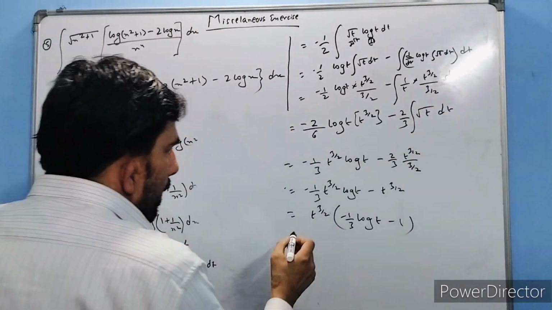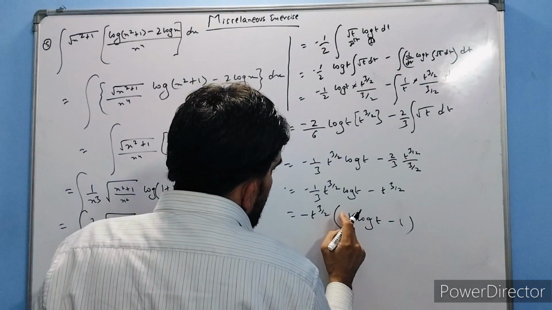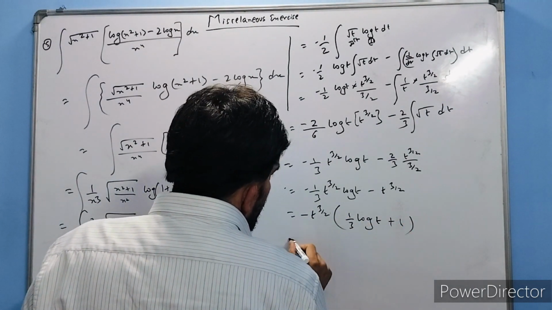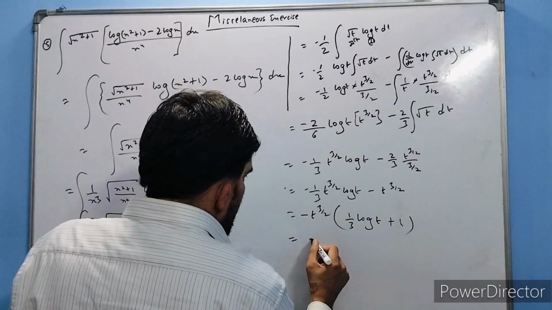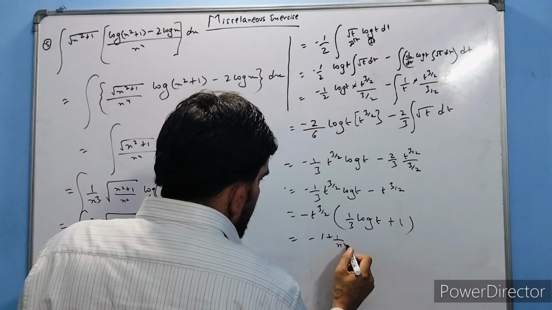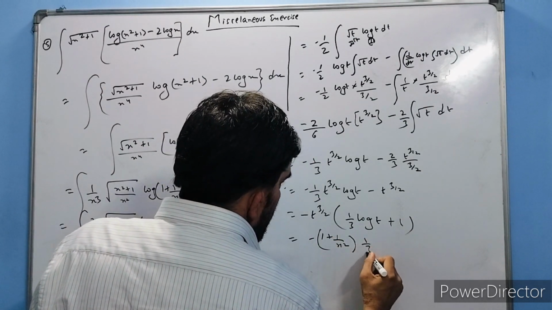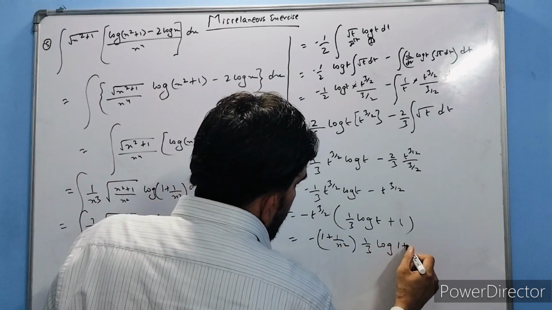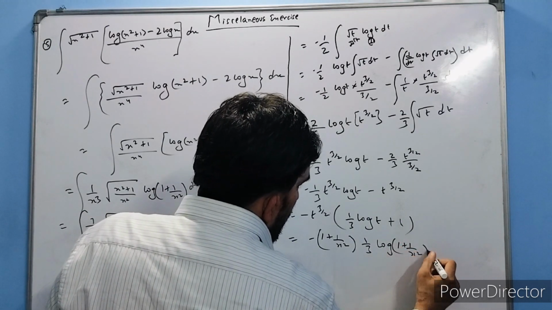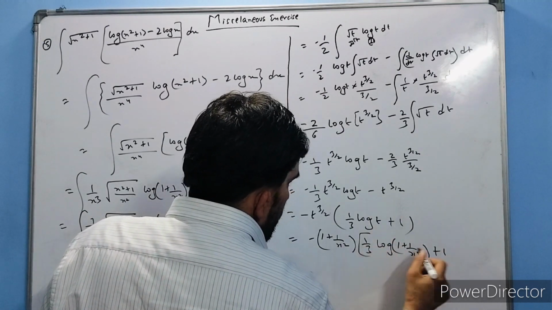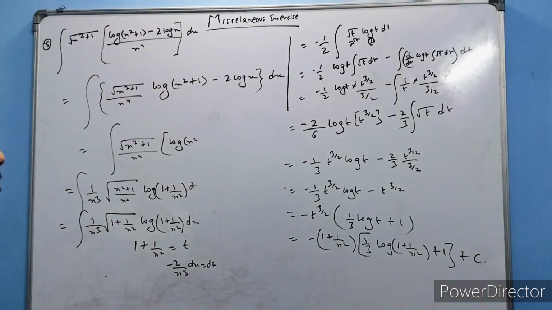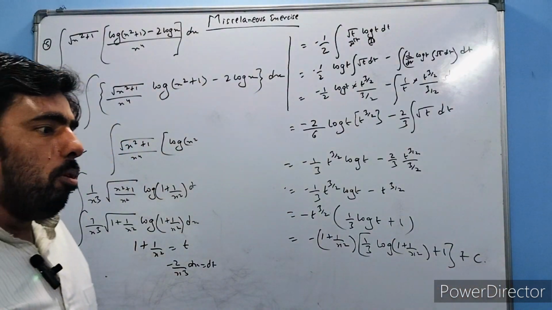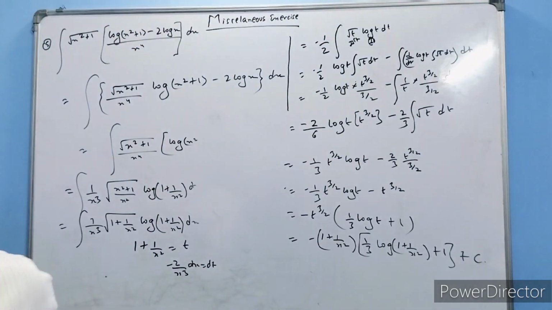Okay, we can take the minus sign also common, so it will become plus. So now I can put the value of t. What we have taken, t is this first. So 1 plus 1 upon x square, 1 upon 3 log 1 plus 1 upon x square plus 1. Okay, so that is how we were able to solve the numerical.